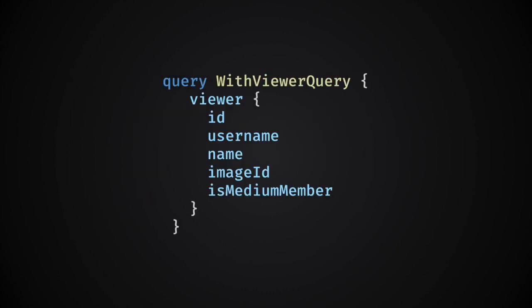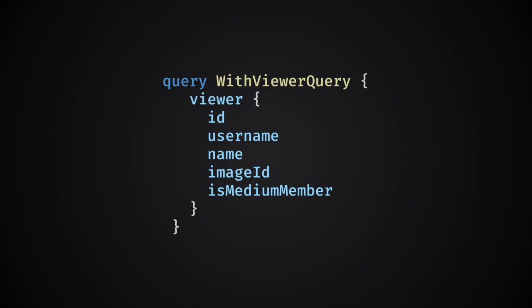And here's the query. Looking at this, you might recognize that I was ignoring some very reasonable rules about co-locating components with their data needs. But I'm going to argue that that can be good or at least worth the maintainability cost.